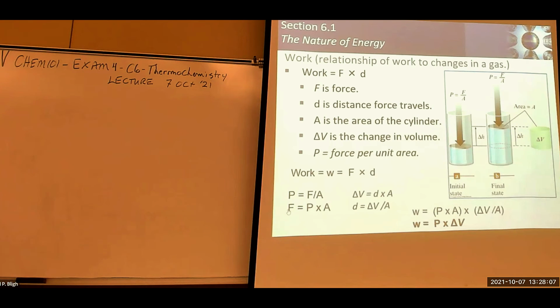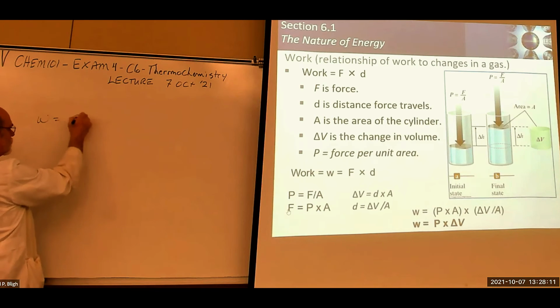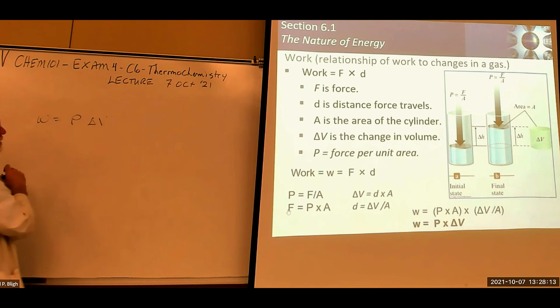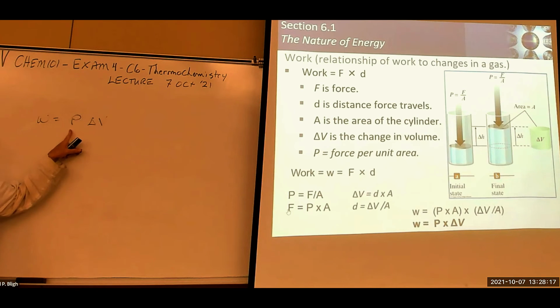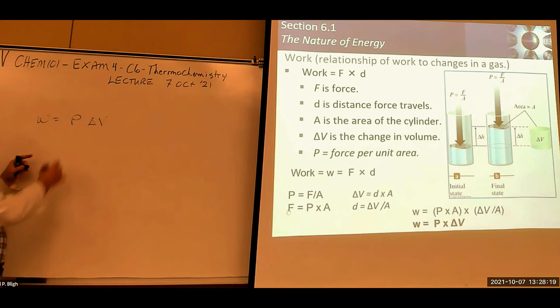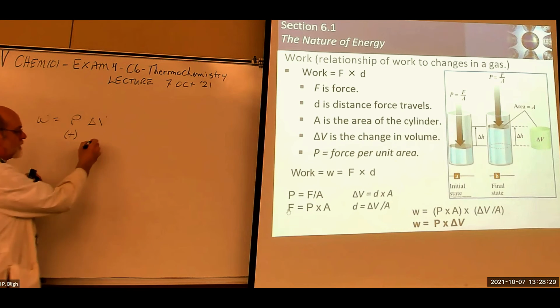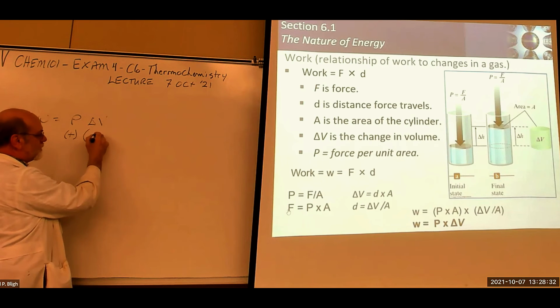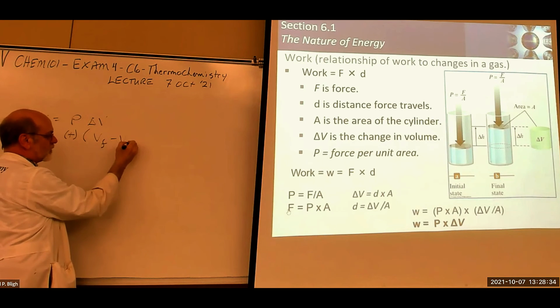There's just one problem. Notice that when we calculate W, what's the term here? Pressure is a positive value, right? So that's positive. How about a change in volume? Remember, delta anything is always final minus initial. So this one would be the final volume minus the initial volume.